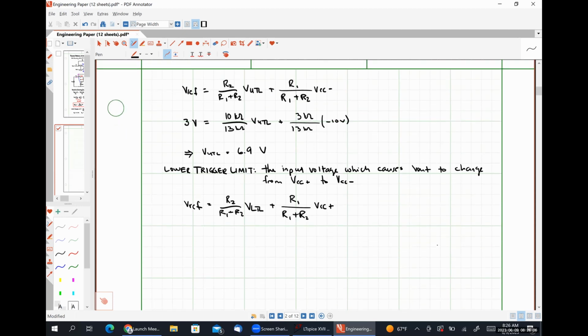If we substitute in our numbers, what we are going to have is 3 volts will be equal to 10 kiloohms over 13 kiloohms times our lower trigger limit voltage plus 3 kiloohms over 13 kiloohms times VCC plus, which was 10 volts, and solving for VLTL, we find that this voltage is 0.9 volts.